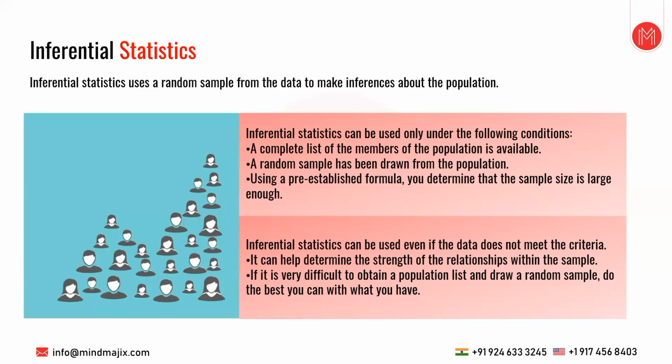Inferential statistics can be used even if the data does not meet the criteria. It can help determine the strength of the relationship within the sample. If it is very difficult to obtain a population list and draw a random sample, do the best you can with that. After discussing inferential statistics, let's talk about some applications based upon inferential statistics.